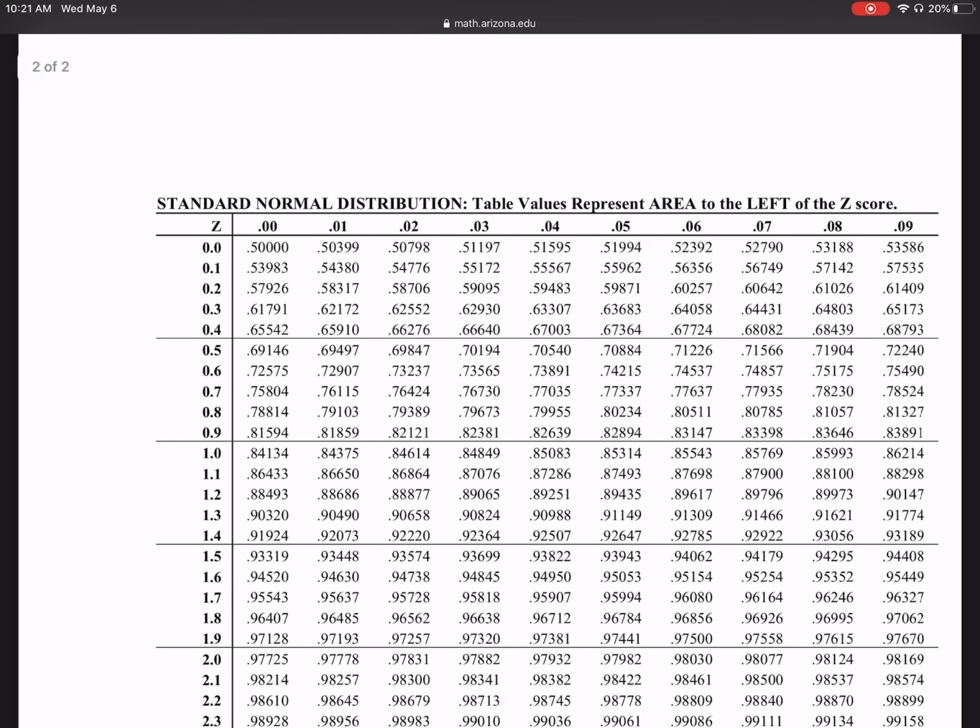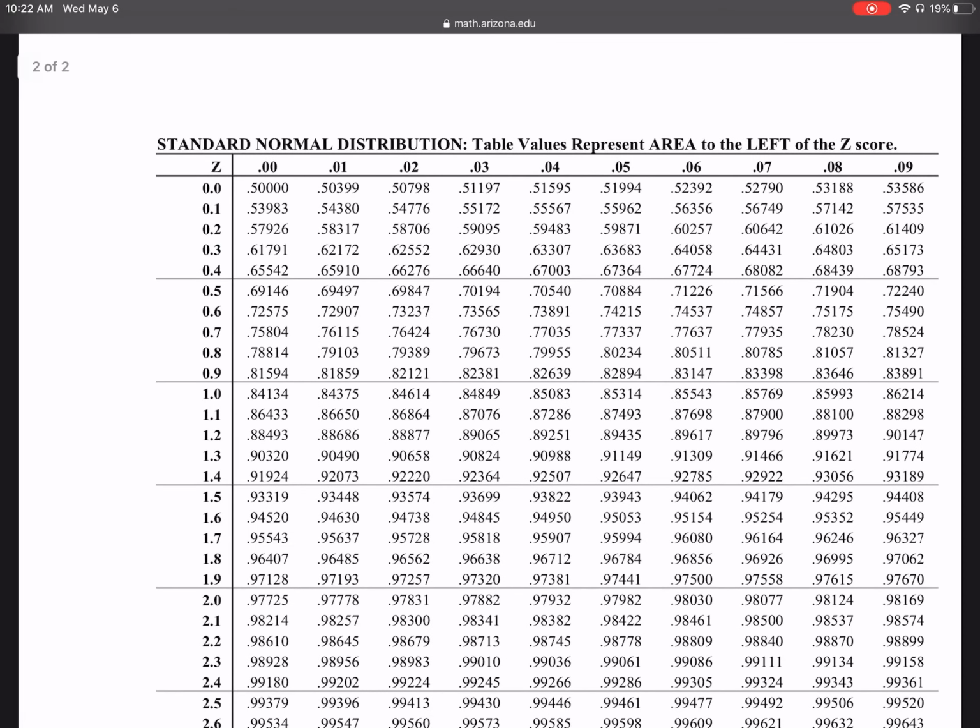So I find my 0.3 row, and then the second digit of the decimal was also a 3. So this here, let's see if I can highlight it, would be 0.33. Okay, and what that gives us is, you can read up here, the table values represent area to the left of the z-score. So remember that number, 0.6293.